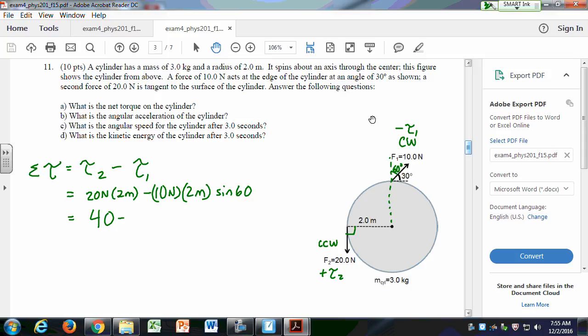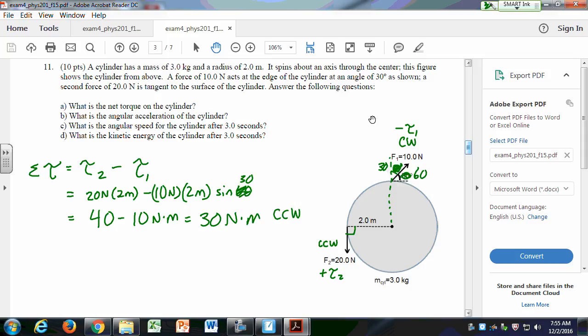Oh, it's 0.86. Let me make this 30 just to make the math easier. So let's instead say that this angle is 30 degrees and this angle is 60. All right, so that's 20 sine of 30, which is 10 newton meters. So my net torque is 30 newton meters. It's positive, so that's counterclockwise.